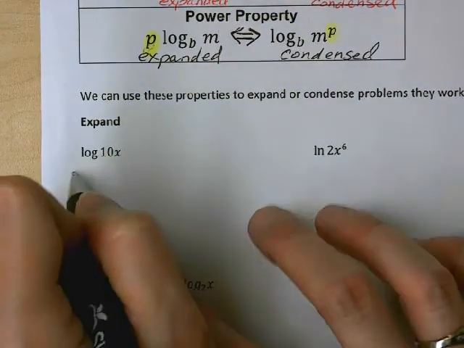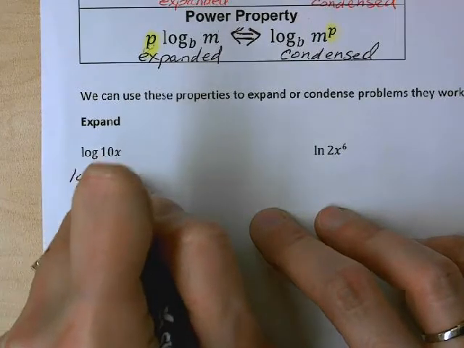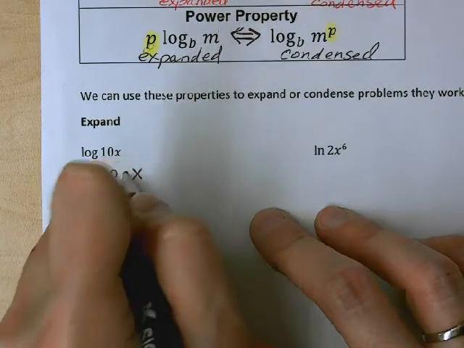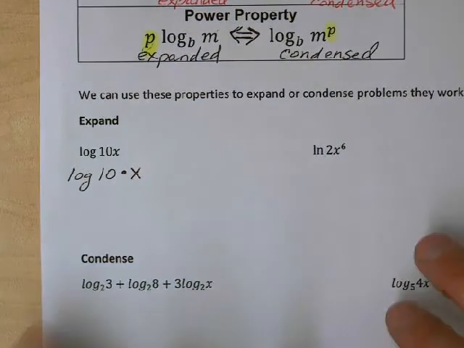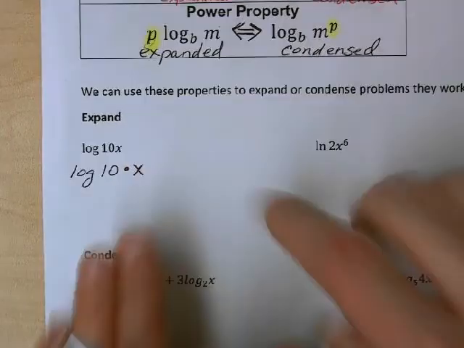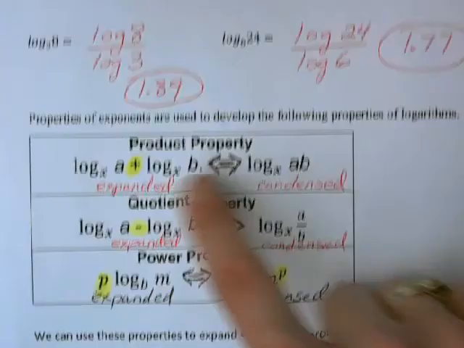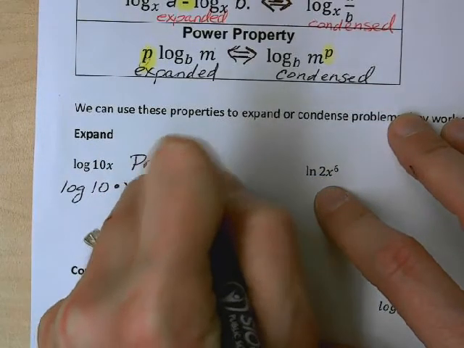Isn't that the same as log of 10 times x? Isn't it 10 times x when it says 10x? So you're right, it's a product. It's like timesing something. So we could write product property.